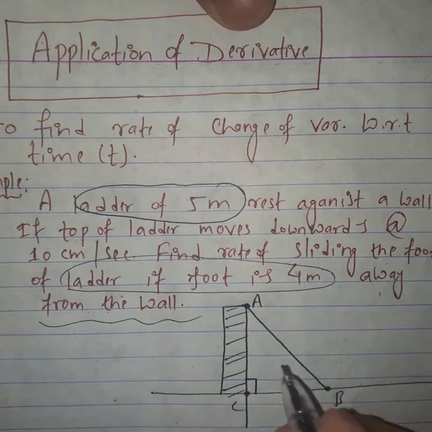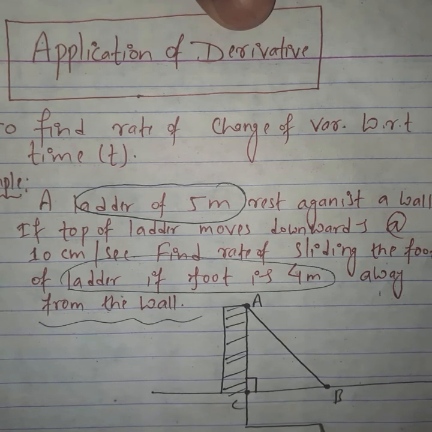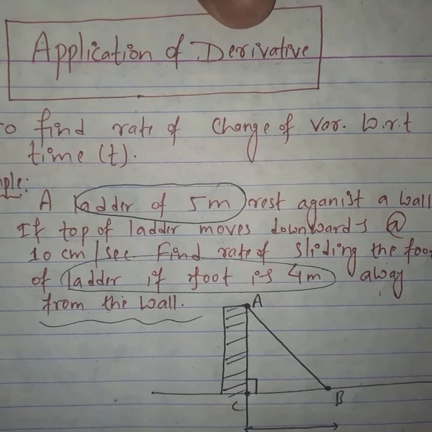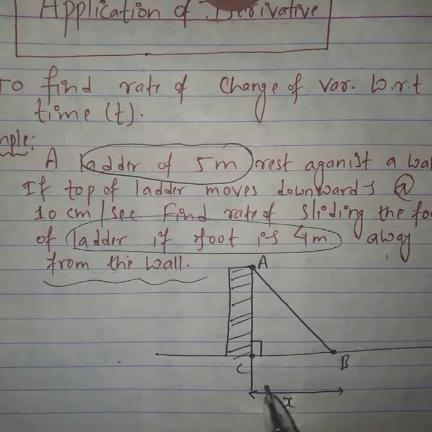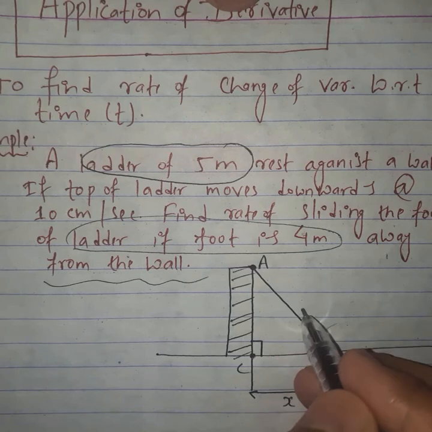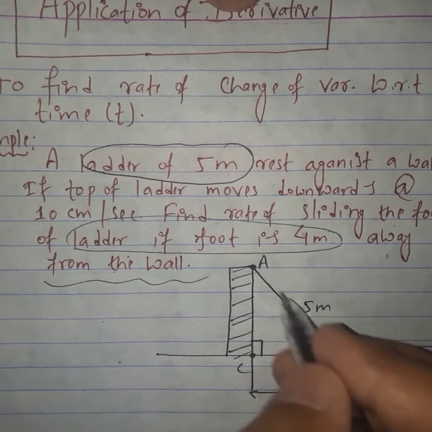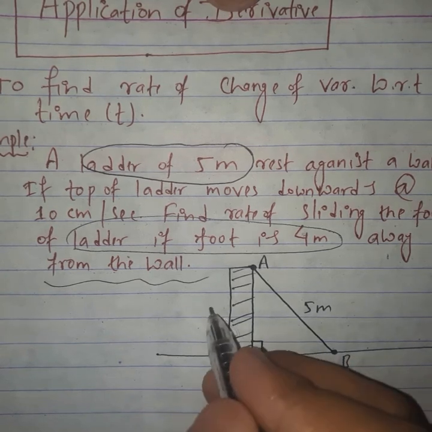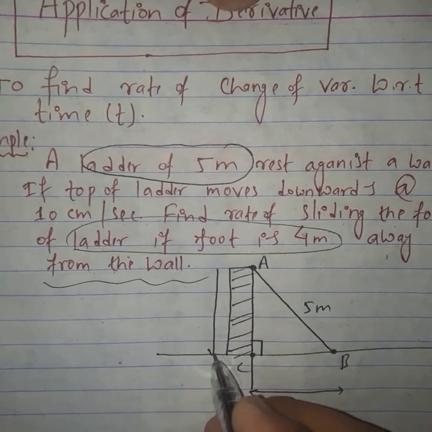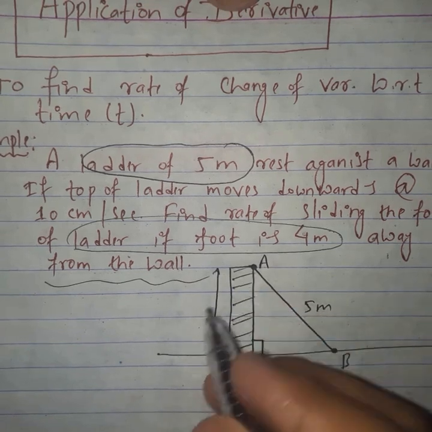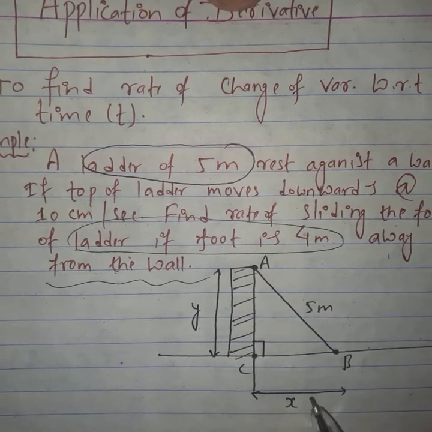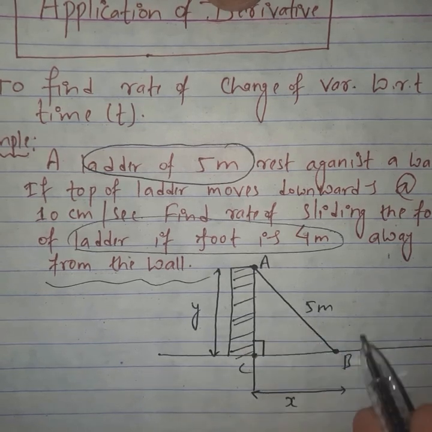Let's say this distance CB is a variable x, and the length of the ladder AB is 5 meter long. Let's say the height of the wall is y meter: x meter, y meter, and this is 5 meter.